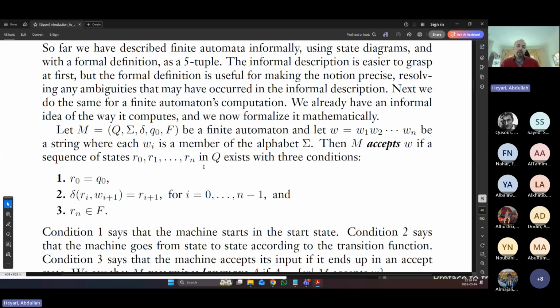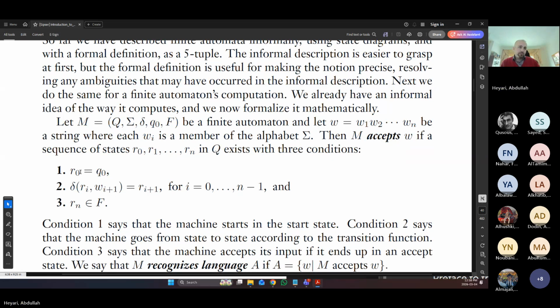We say that if you start with the starting state, and one transition after another leads you from one state to another until you reach the state Rn.